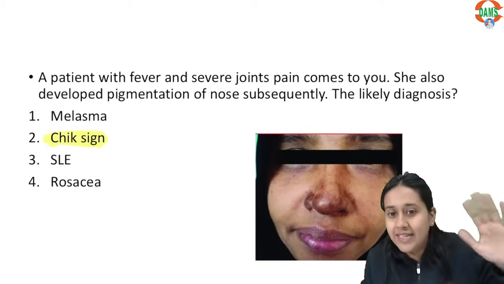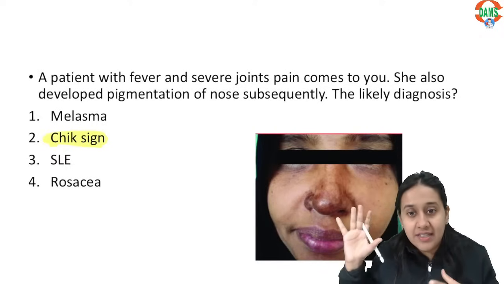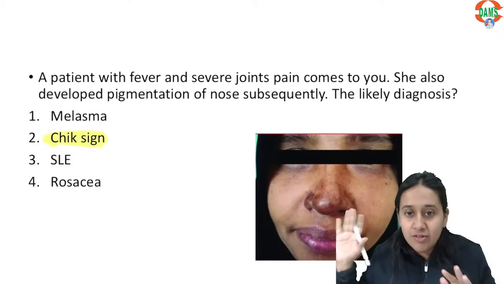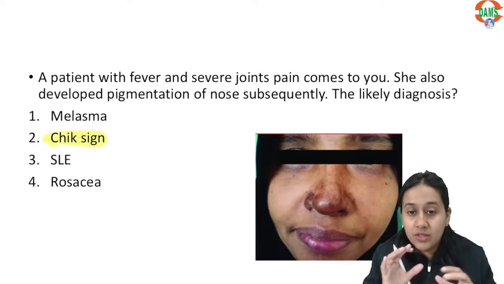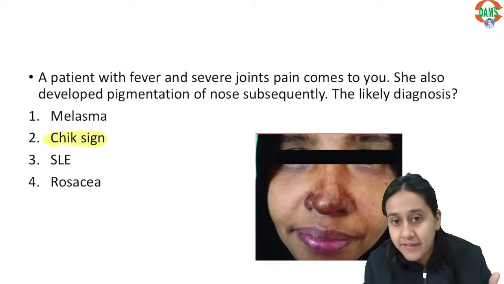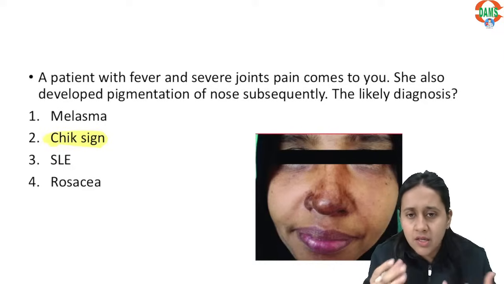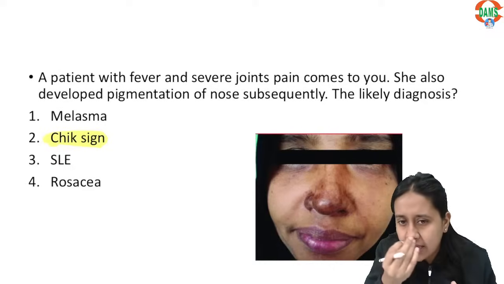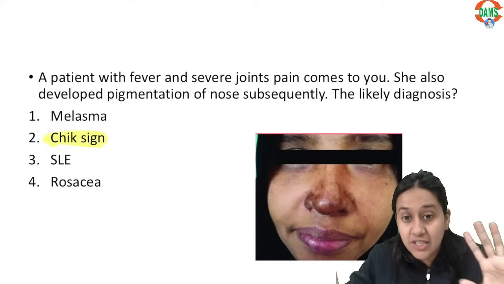Like in 2018-19, very frequently this question was asked, because it is that time when we had a chikungunya outburst. So that time it was one of the scientists from the southern part of India who noticed that after 2 to 3 weeks of chikungunya fever, patient develops a very classical rash on the nose or upper lip. So this is your very classical chick sign.